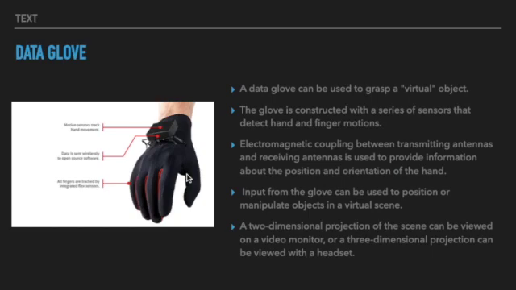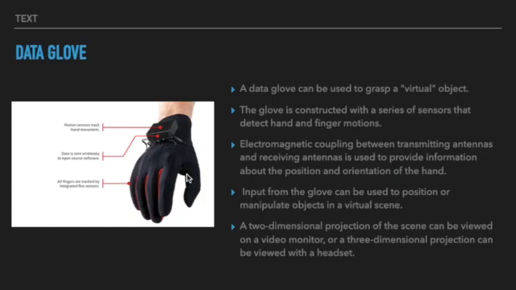Using this you can actually grasp a virtual object on a 3D display of the image, or even inside a screen. So input from the glove can be used to position or manipulate objects in a virtual scene.